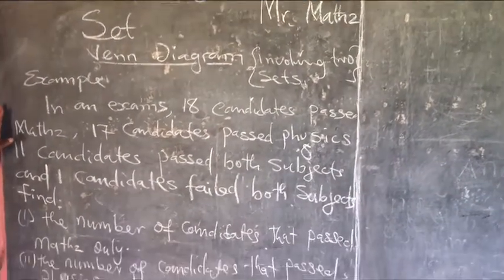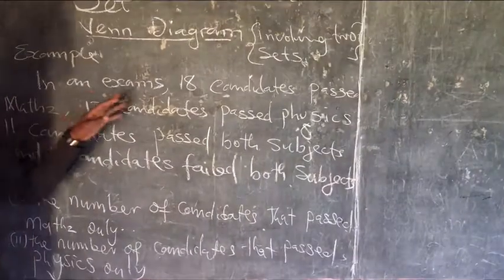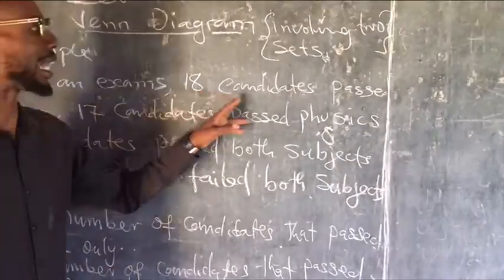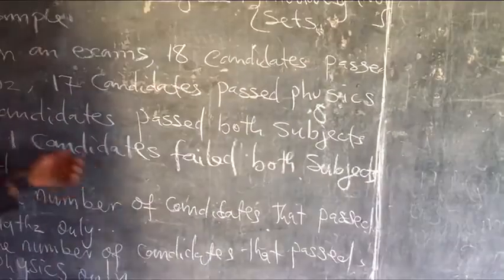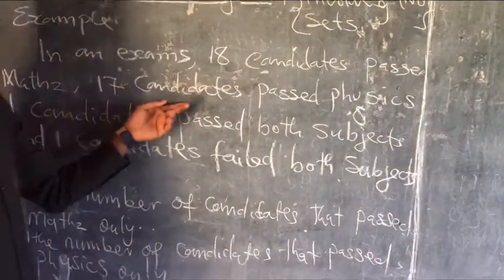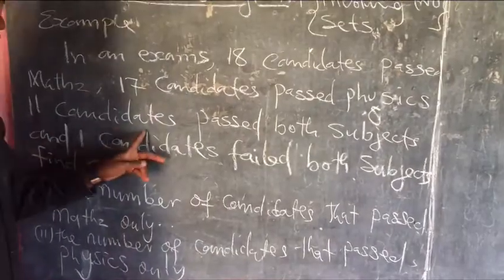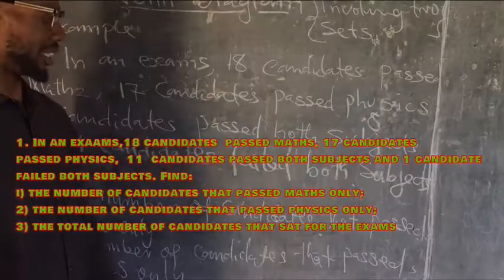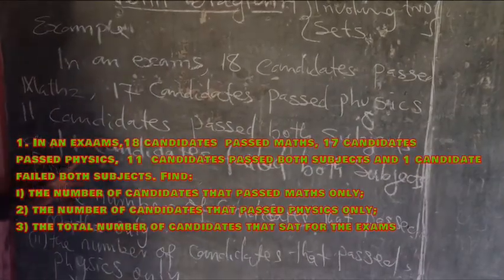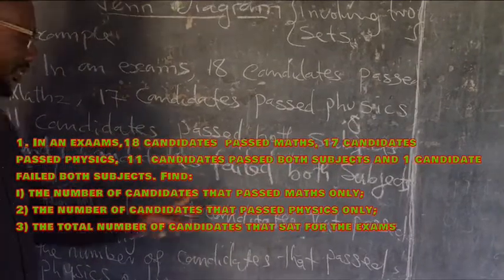See this question wey we dey. E say, for exams, 18 candidates passed Maths, 17 candidates passed Physics, 11 candidates come pass both subjects, and 1 candidate come fail both subjects.